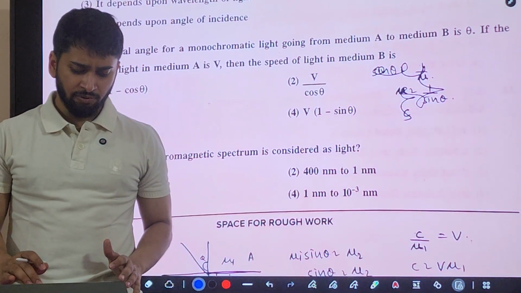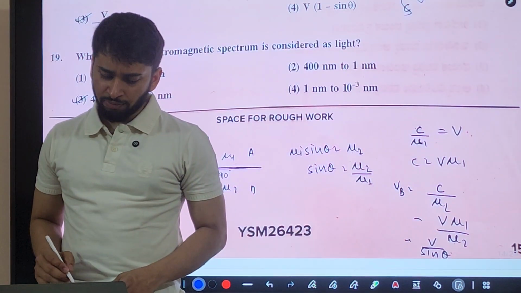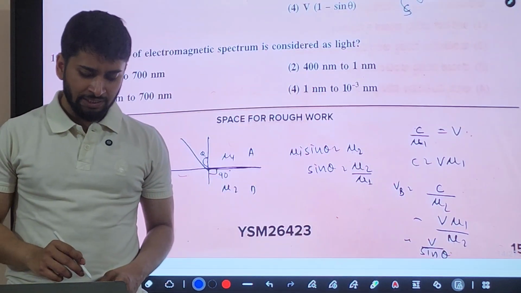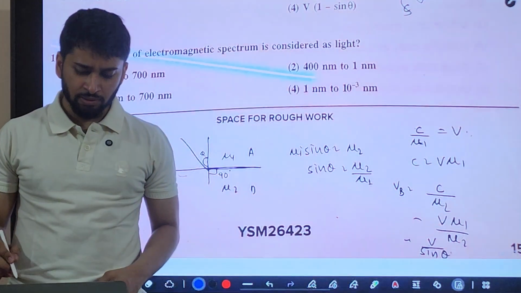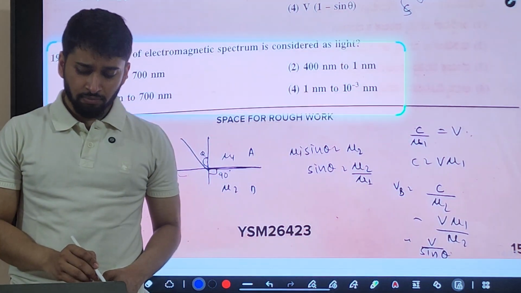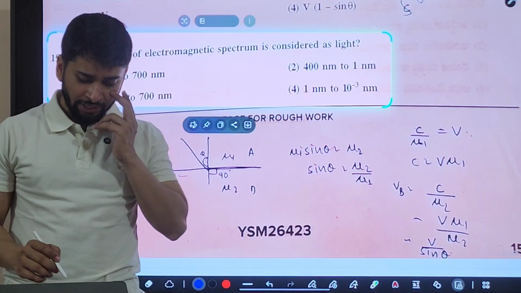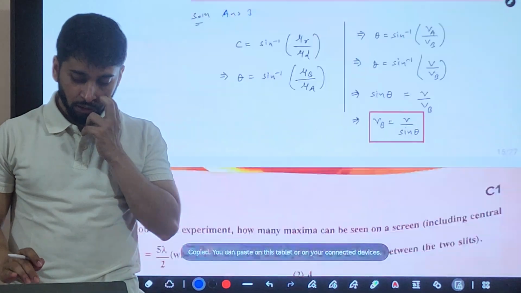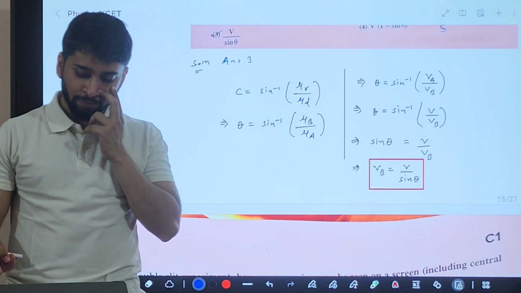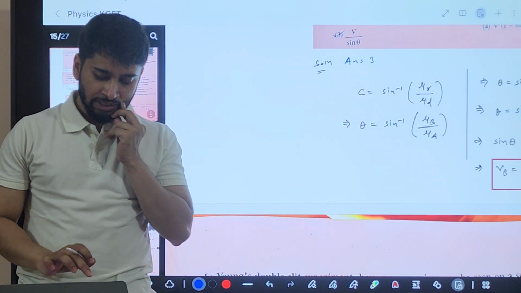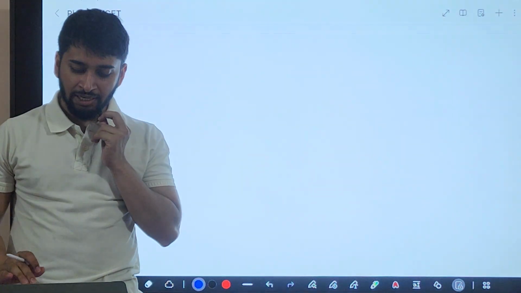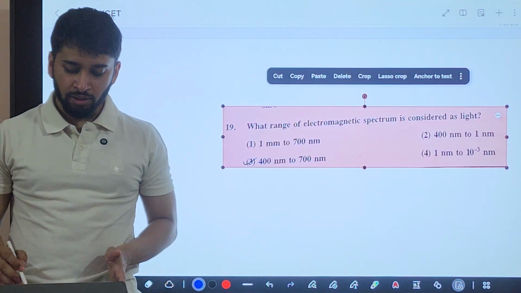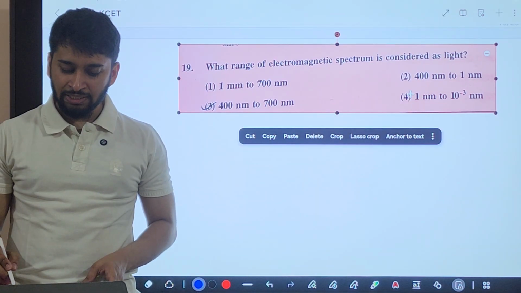We'll see 19th one. What is the range of electromagnetic spectrum to be considered as light? The portion of electromagnetic spectrum which is sensible to our eye is called light. So basically the Vibgyor part only is considered as light.